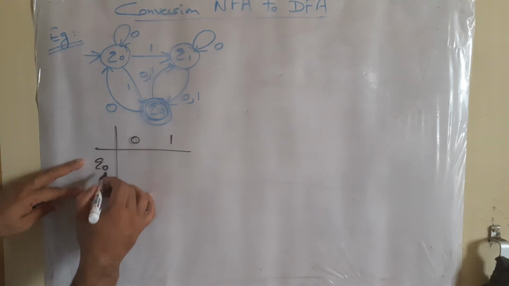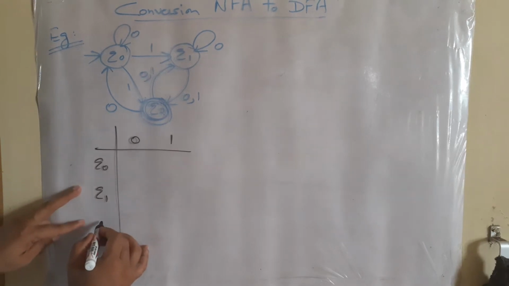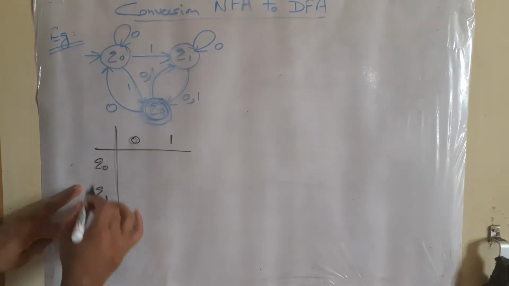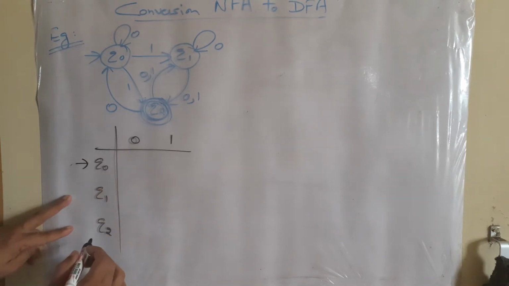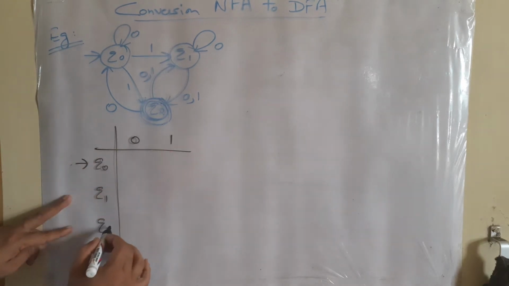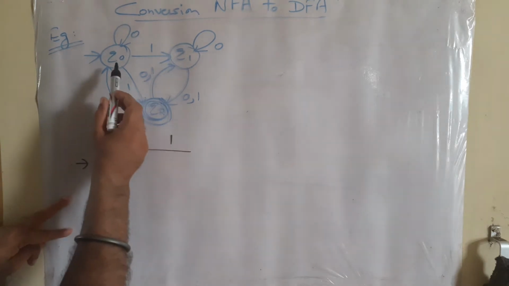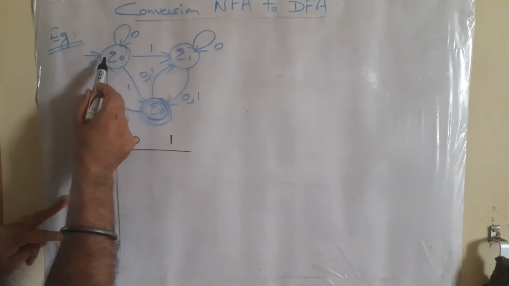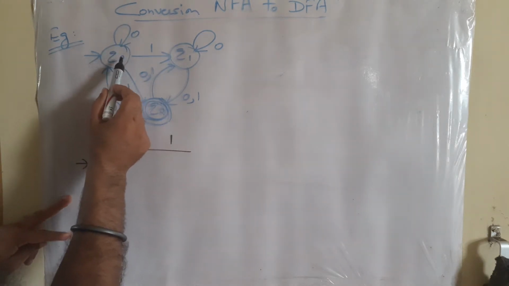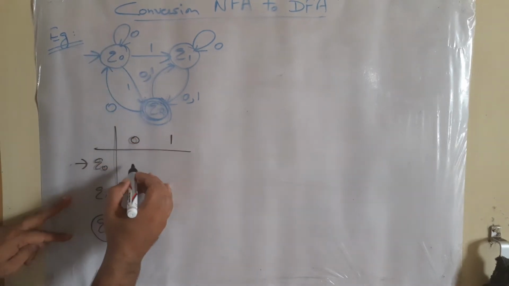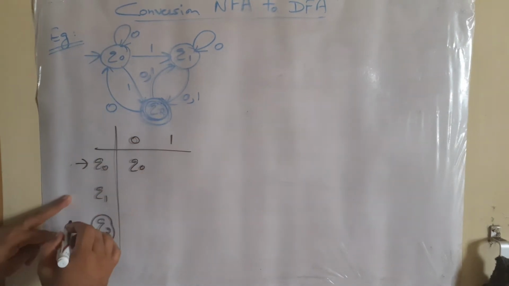The first step is to draw the transition table. This is the initial state Q0 and as per the given diagram Q2 is the final state. Now you can observe that with input symbol 0, Q0 remains at Q0, so you can write that there.